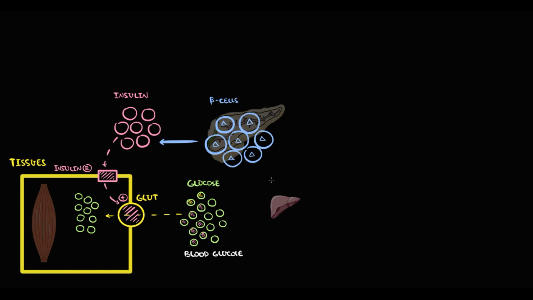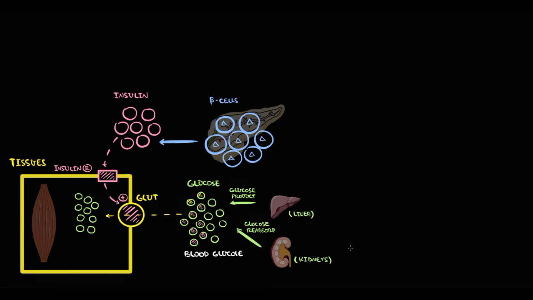Also, we have to know that glucose level in the blood is also maintained by liver production of glucose molecules and by kidneys reabsorption of glucose molecules. So all these mechanisms help us to maintain normal blood glucose level. But beta cells are not immortal. They can die of old age in the process of tissue self-renewal, or some virus or toxins can provoke their death.